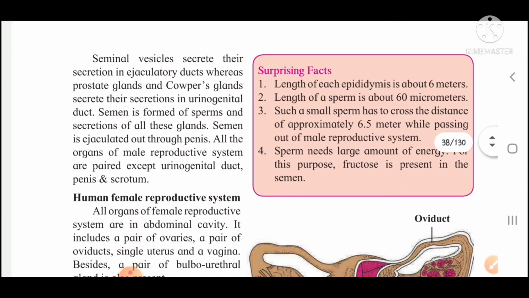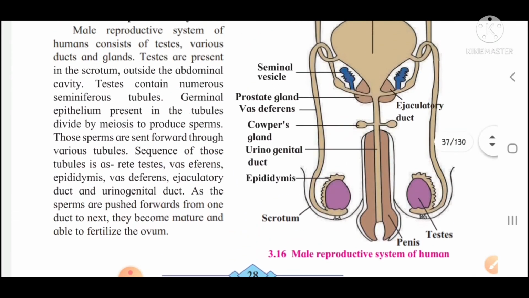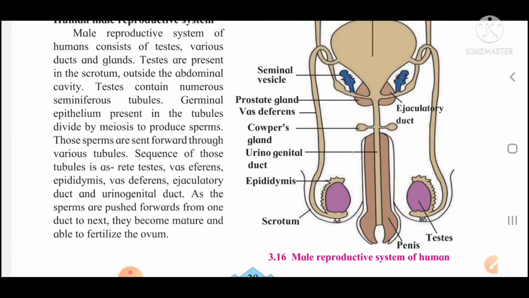Length of sperm is about 60 micrometers. It is very small, only 60 micrometers. Such a small sperm has to cross a distance of approximately 6.5 meters while passing out of the male reproductive system. Sperms start from here, produced from the testes, go into the scrotum, then go up through this pipe.